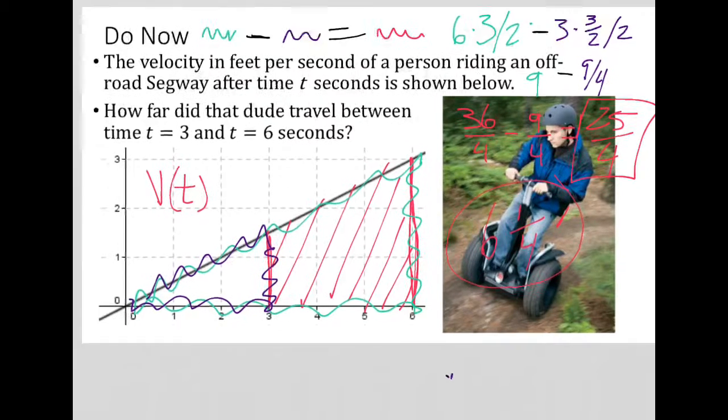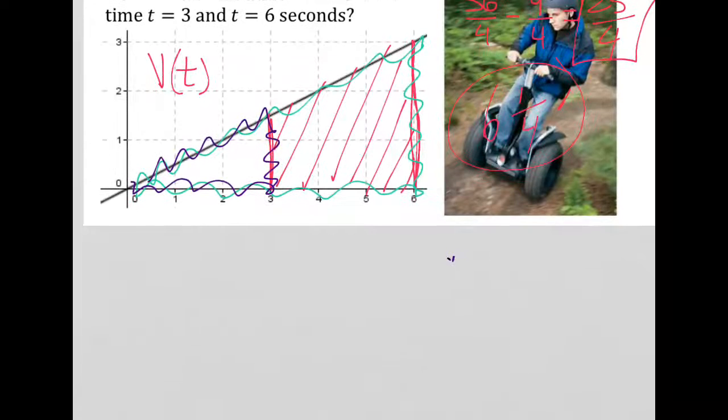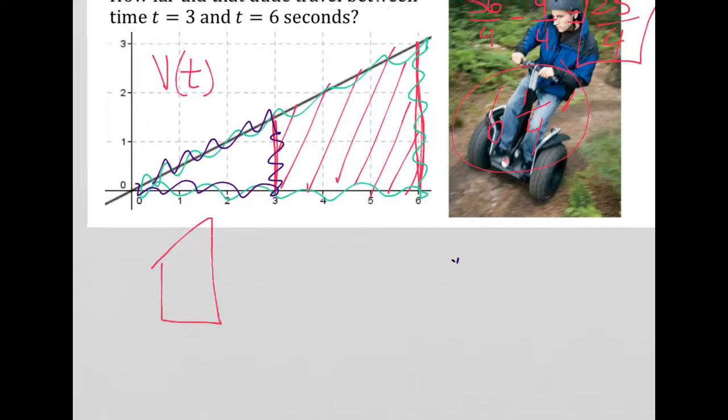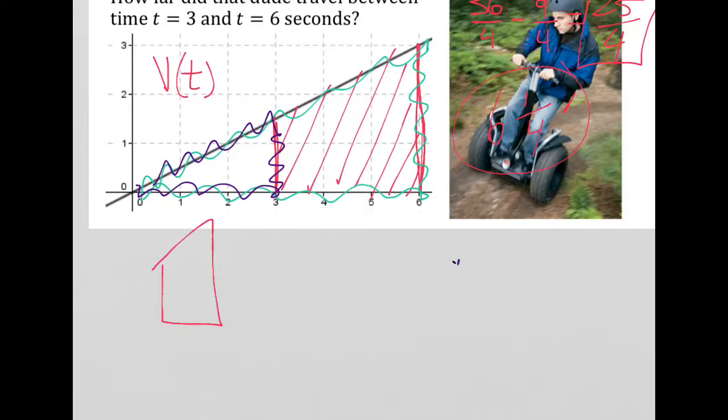We also know that that pink area is a trapezoid, and so I could figure out this area by taking it as a trapezoid. And this is the trapezoid we're looking at with the first base being that left side right there, which is 3 halves. The second base being that height at t equals 6, which is 3.